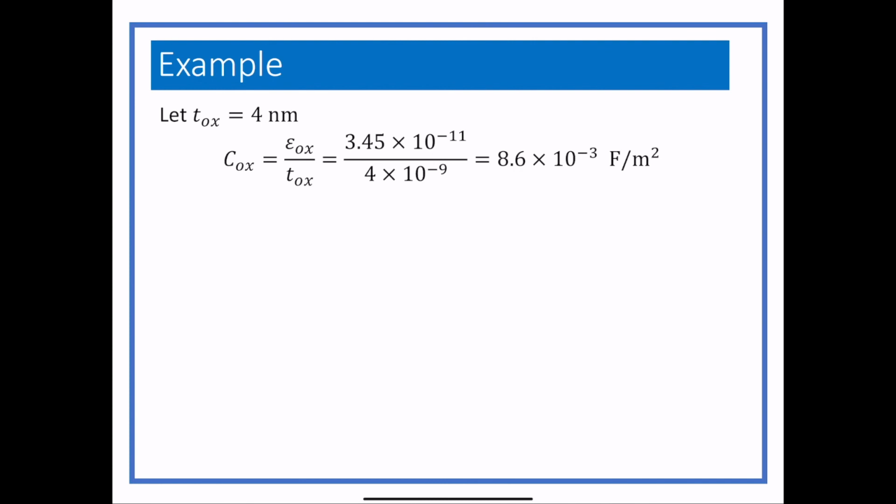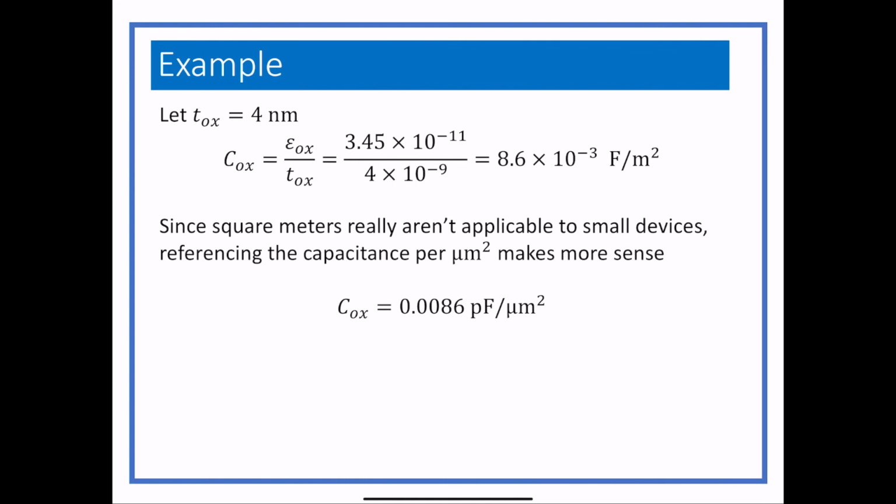So we change it a little bit and generally reference it per square micrometer. When we do that, we have 10 to the minus 6 on the bottom squared, so we have to put 10 to the minus 12 on the top to make it come out right. So then we have 0.0086 picofarads, which is actually 8.6 femtofarads, but I didn't put that in as yet, but that is what it actually is.